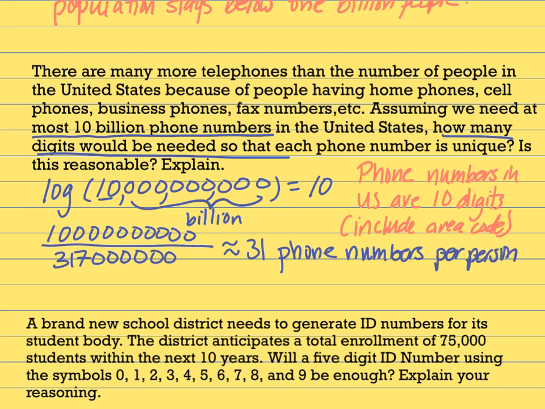So that seems like it's plenty of numbers for individuals to have more than one number, obviously. And then, of course, you'd have many additional numbers for businesses and the government.